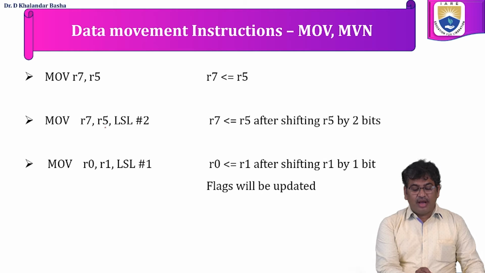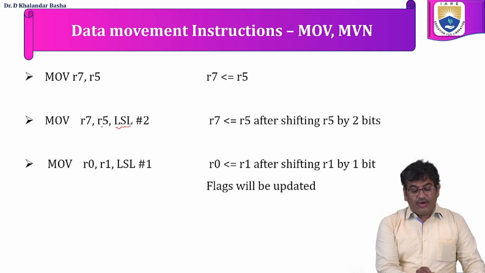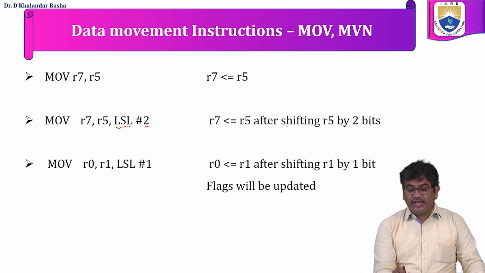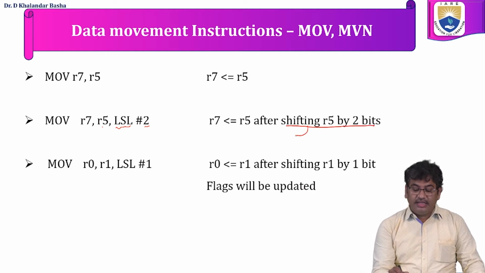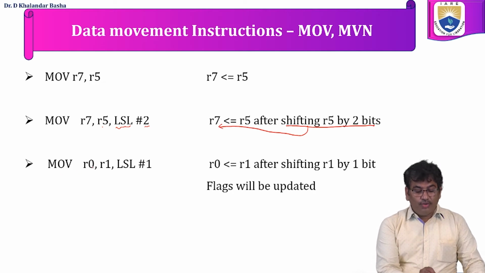The first operation is to shift R5 contents by 2 bits, and this shifted data will be copied into R7.